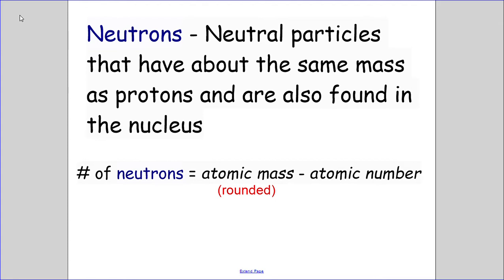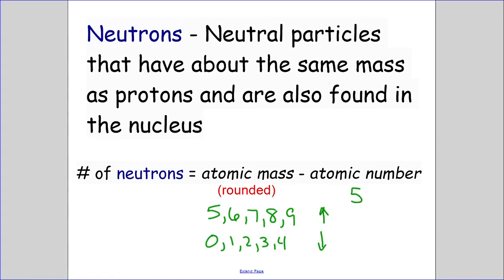As a quick refresher on rounding, if the digit is 5, 6, 7, 8, or 9, then the number rounds up. If it is 0, 1, 2, 3, or 4, then the number rounds down, or stays the same, I should say. If we look at number 27, cobalt, it has an atomic mass of 58.93, and we want to round this to the nearest whole number.